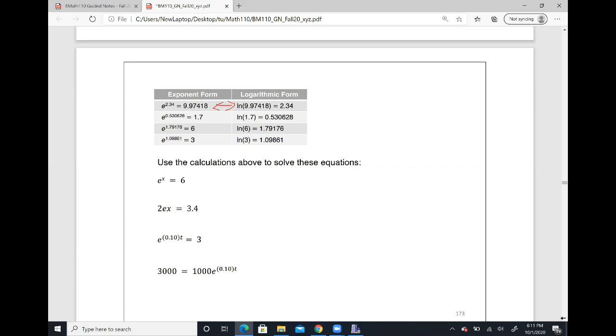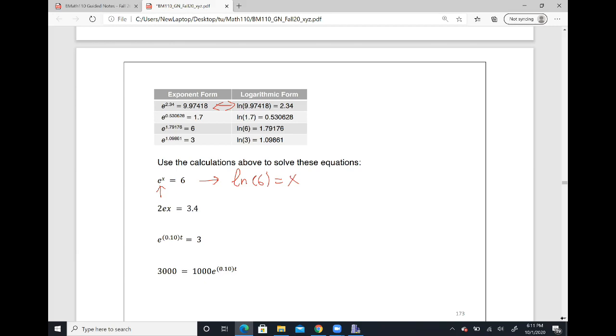Now let's use this to solve the equation. e to the x equals 6. Easily you can convert it to log form: log base e, which is ln or natural log, of 6 equals the exponent, which is x. Now you can use a calculator to tell me what x is.